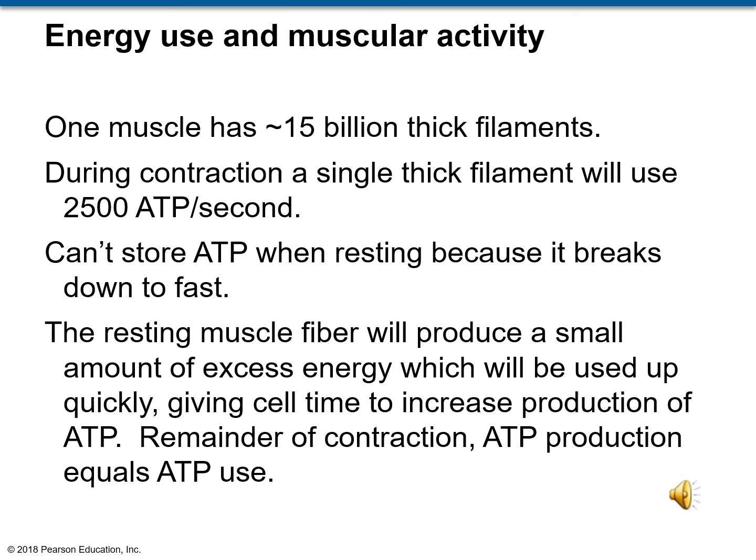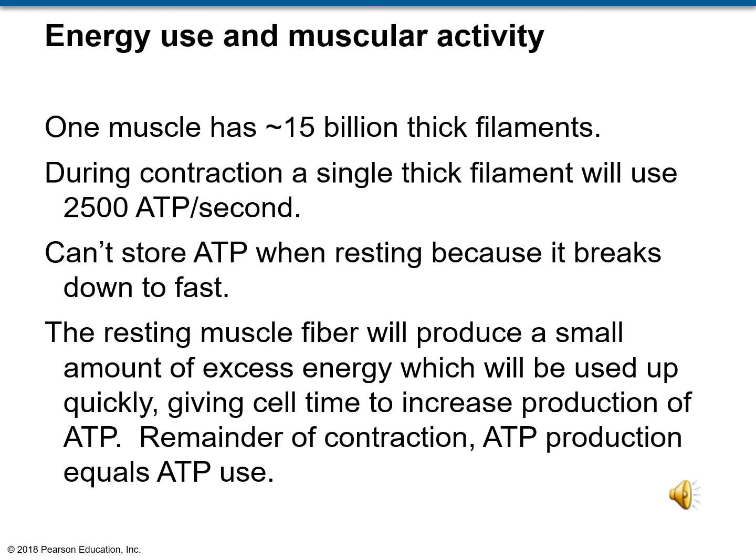Energy use and muscular activity. An individual muscle has about 15 billion thick filaments. Each one will use 2,500 ATP per second during an active contraction. Unfortunately, we can't store ATP because it breaks down too fast, so we can't have a lot of it laying around.